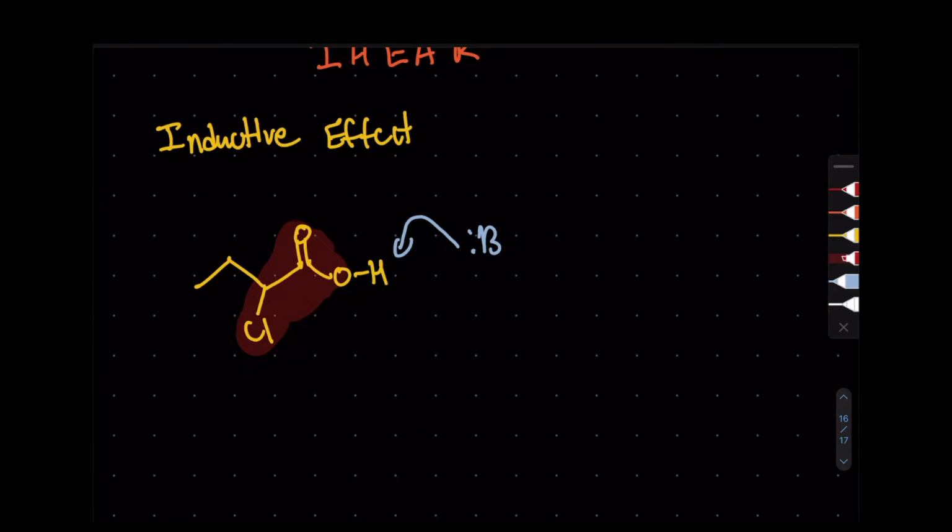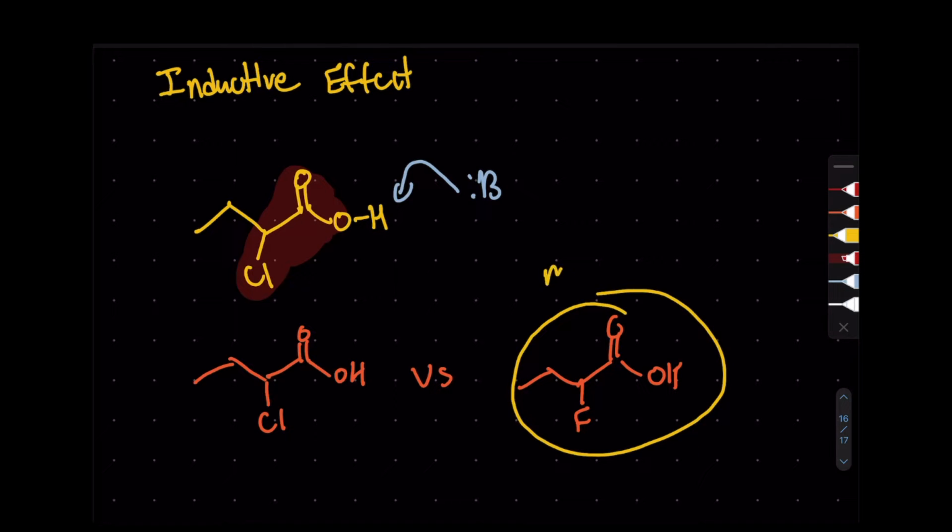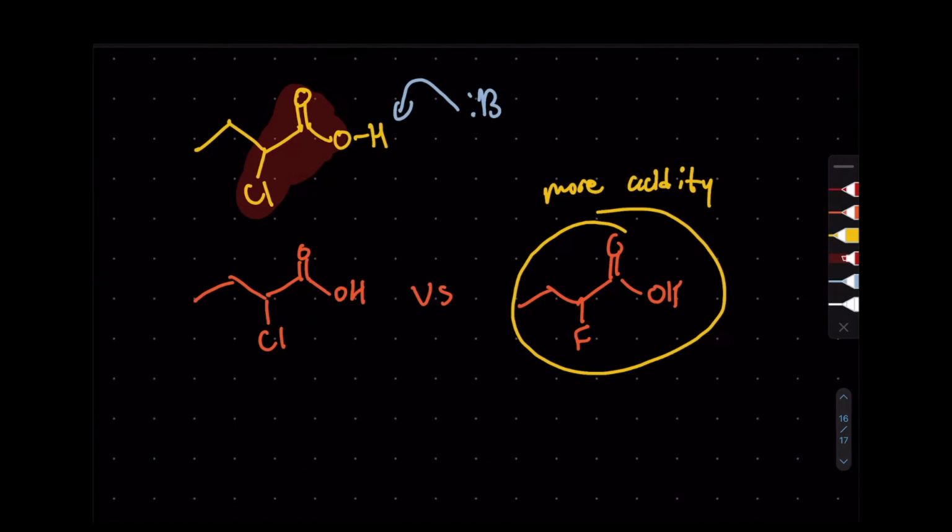So naturally, when we're comparing two carboxylic acids, let's say, but one has a chlorine versus one has a fluorine, we know that the fluorine one is more acidic because fluorine is more electronegative than chlorine, so it'll pull harder on the electron density.